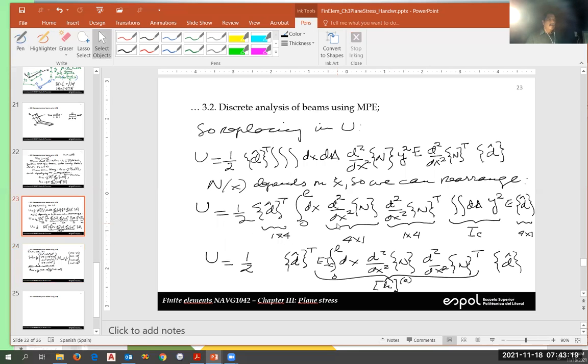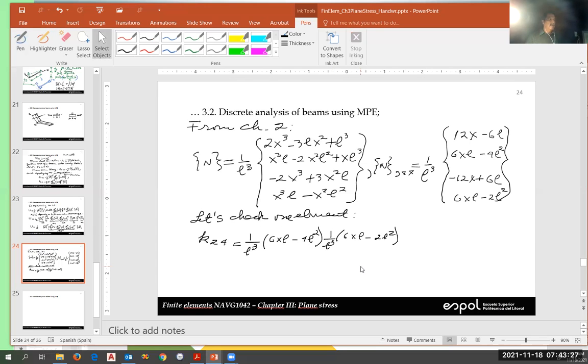But we have to not only multiply it, but also multiply by EI sub c and then integrate in x. So let's put the EI sub c on the other side, and we have to integrate. See, all of these x's are local x's, okay?